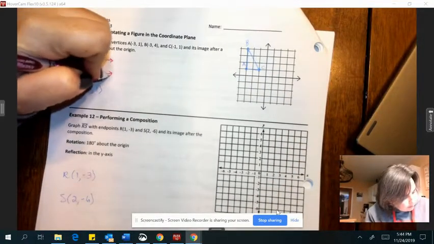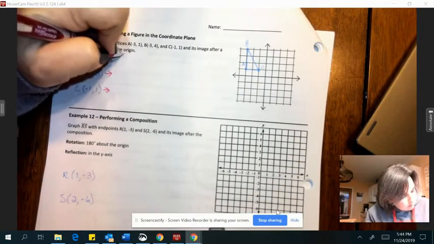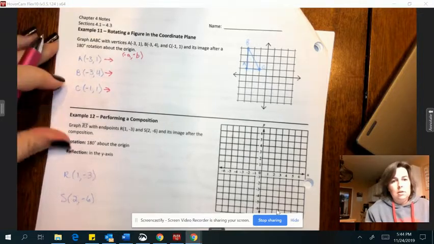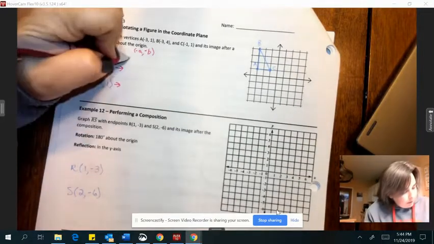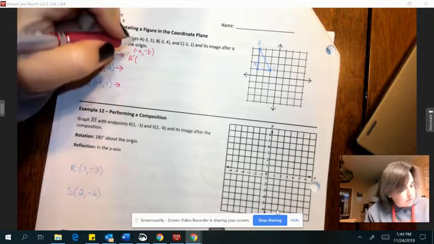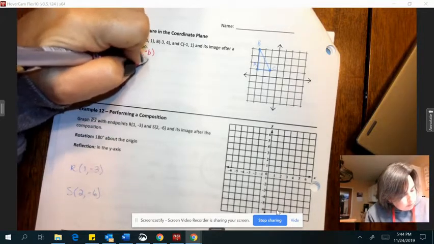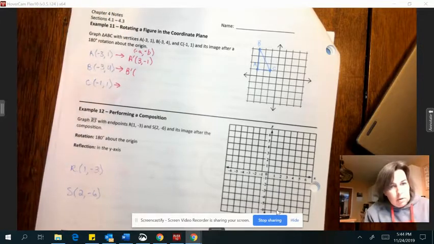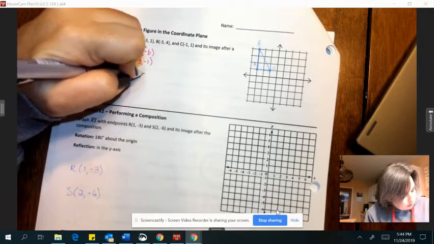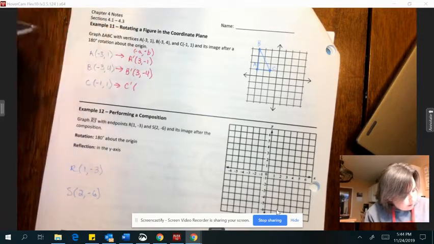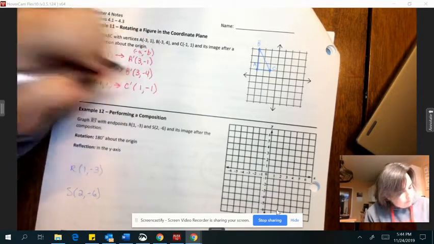The 180-degree rule was that it's negative A, negative B. So to get A prime, I'm going to switch the signs of each of these, so it would become 3, negative 1. And B prime will become 3, negative 4. And C prime will become 1, negative 1.